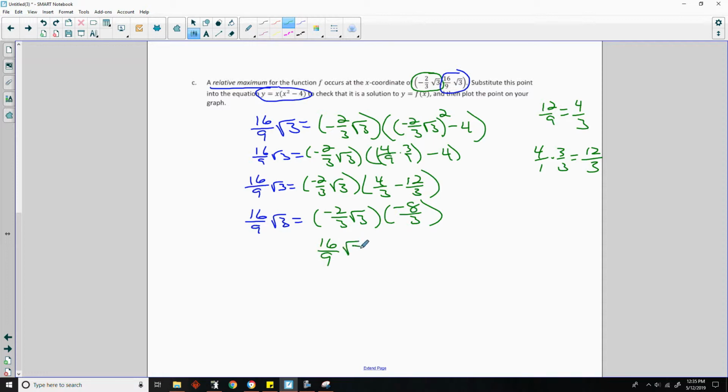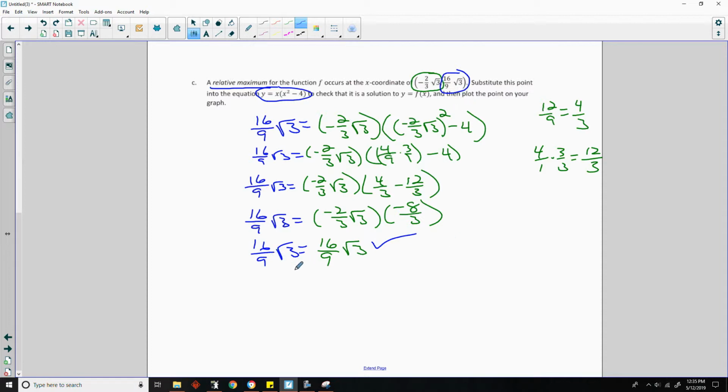And then I have my square root 3. And as you can see, it's true. 16/9 square root 3 equals 16/9 square root 3. Okay, so check to see that that is a solution, and then plot the point on your graph.